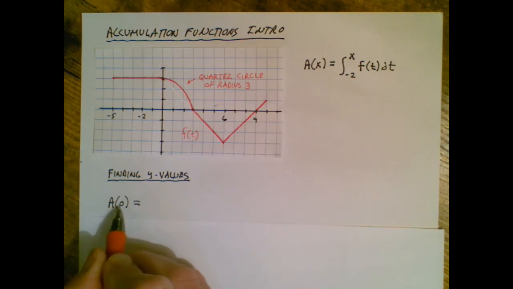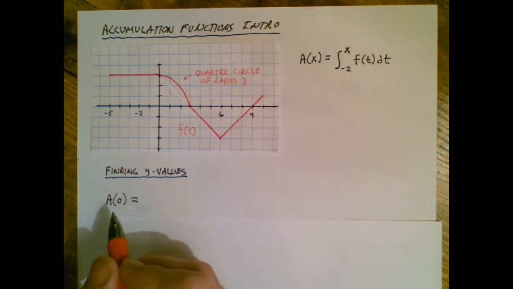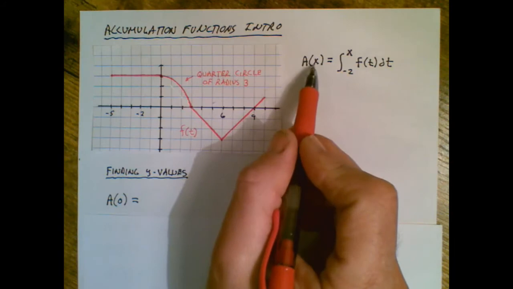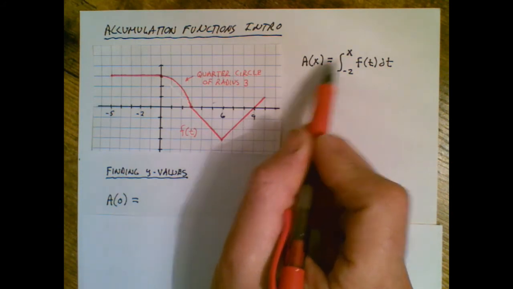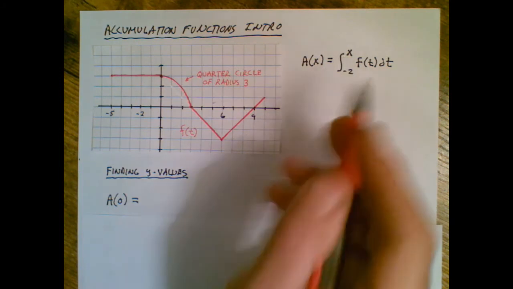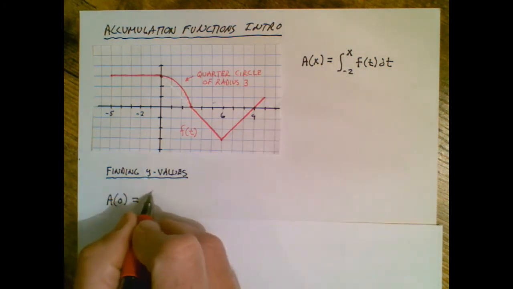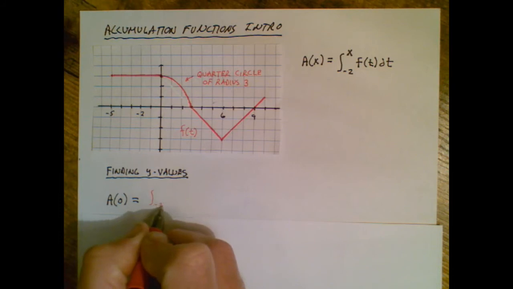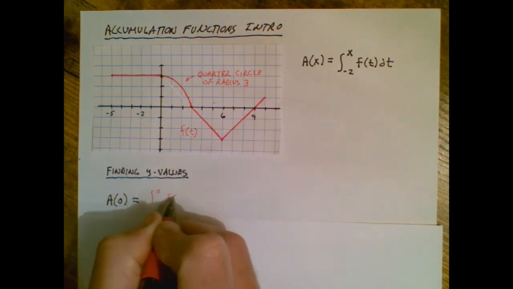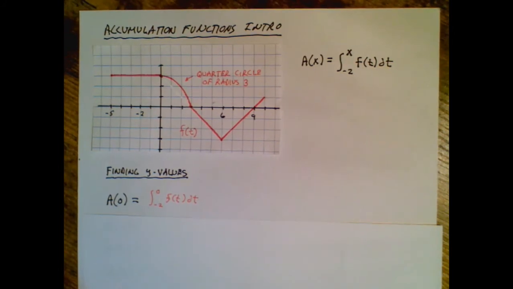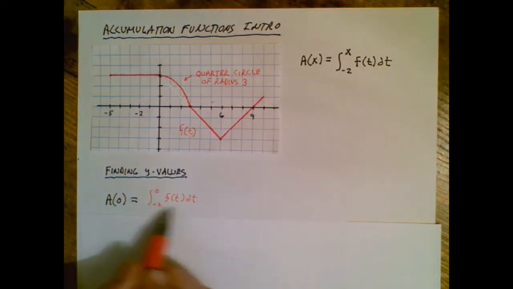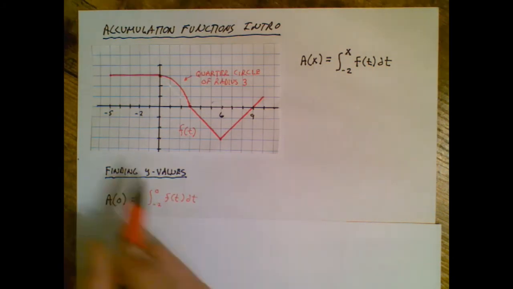What is A of 0? Well, you learned when you were learning about functions, A of 0 means you plug a 0 in here, and if x is 0, that means you plug a 0 in here. So A of 0, I would rewrite to look like this. And now I say, wait a second, that just means travel from -2 to 0 and find the area trapped under f of t.